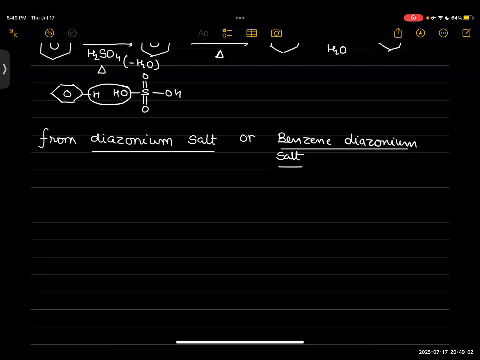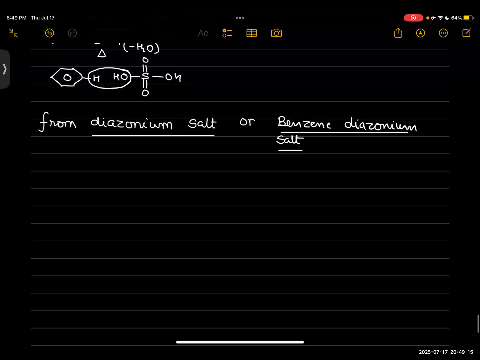We have seen the salt in the previous chapter. So just try to decipher what its structure should be.